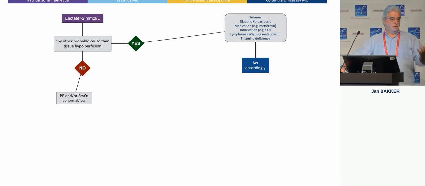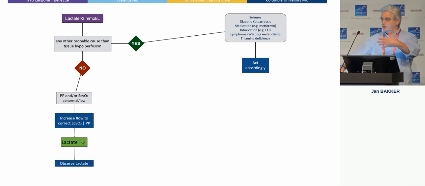If you have the suspicion that this is a perfusion problem, and your peripheral perfusion and/or your ScvO2 is abnormal, then it's quite easy. You correct the perfusion abnormality. And so you do whatever you think is best for your patient, fluids, dobutamine, or whatever you want to use to increase tissue perfusion.